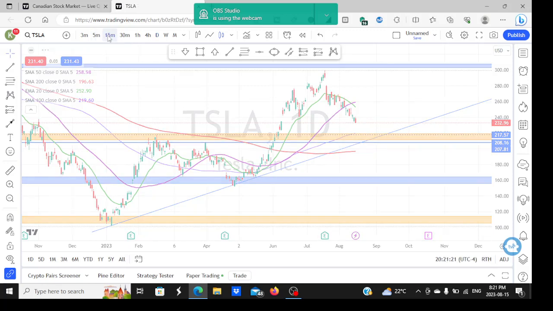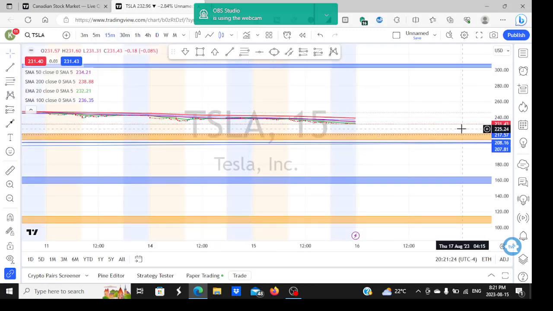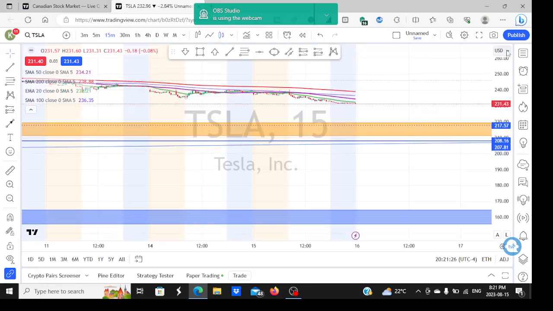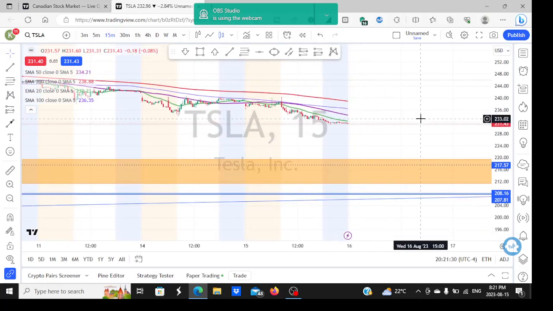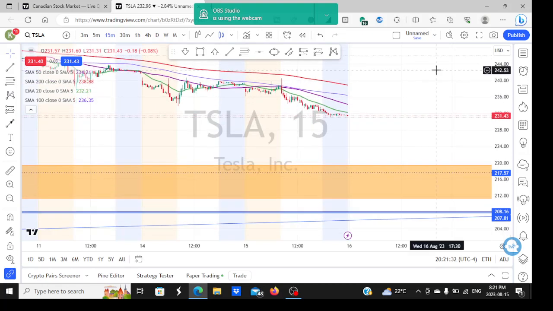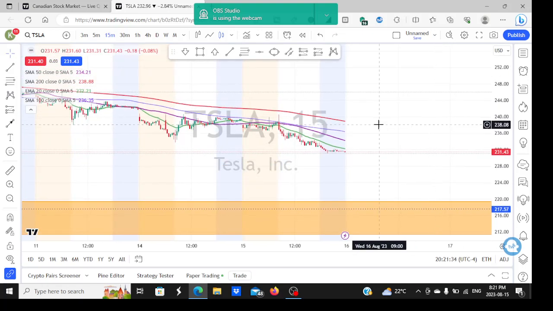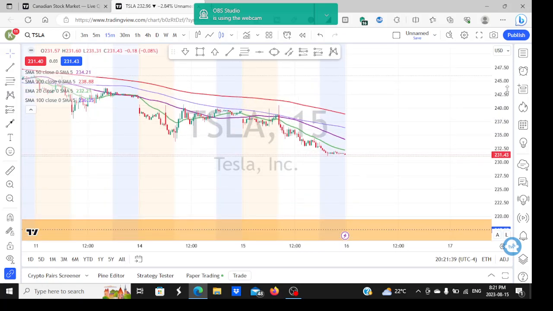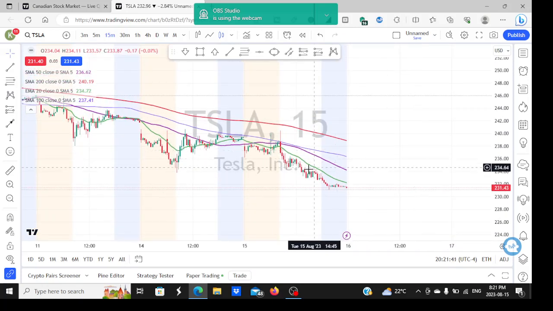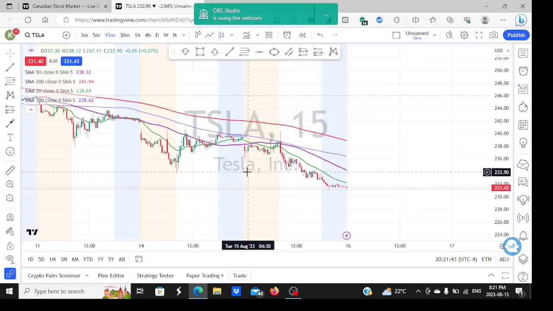I looked at a 15 minute. So what I have been doing is in the morning I get up and I look at my pre-market. So this is my pre-market on a 15-minute candle. So we determine the direction of Tesla.